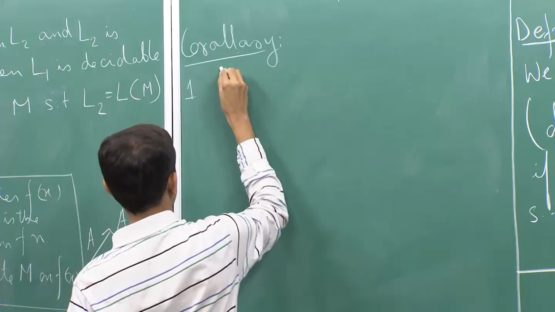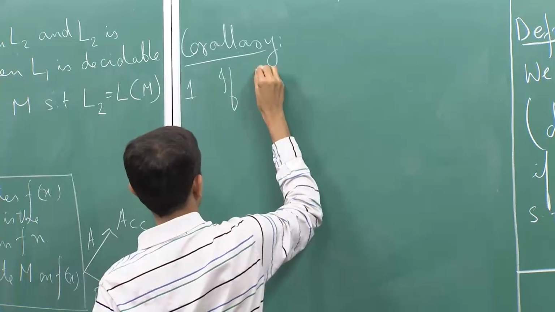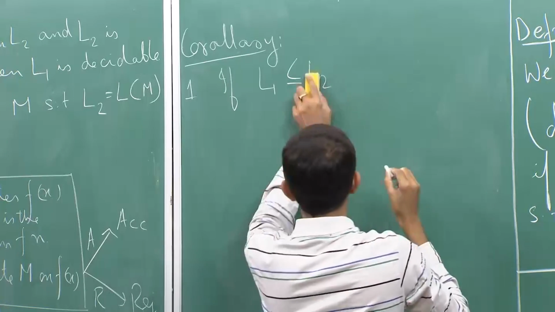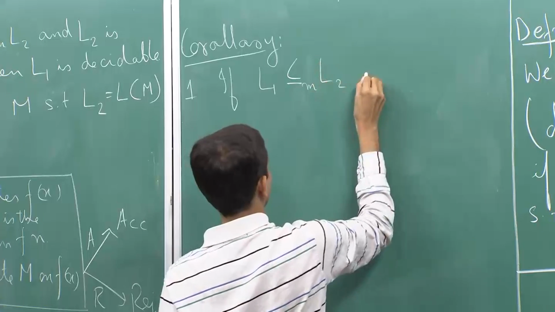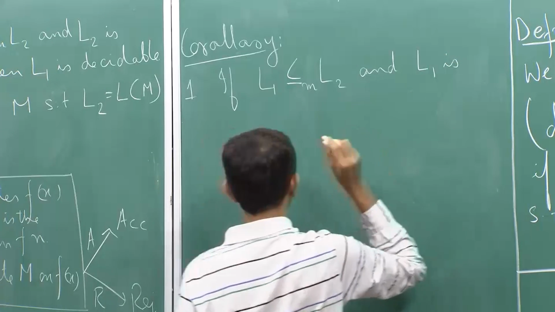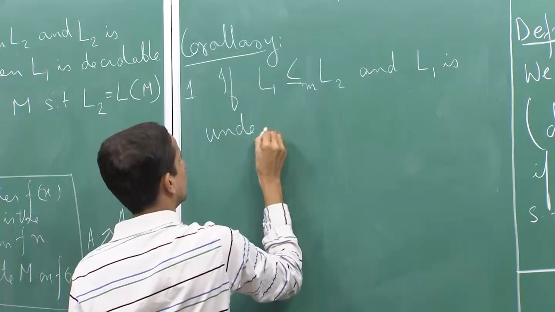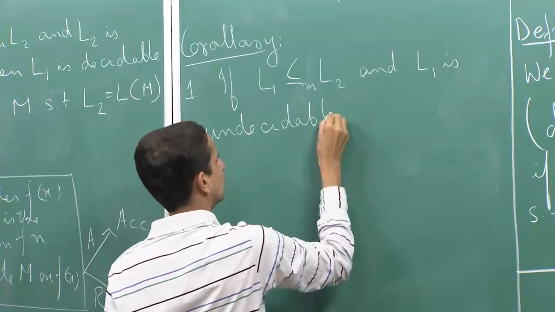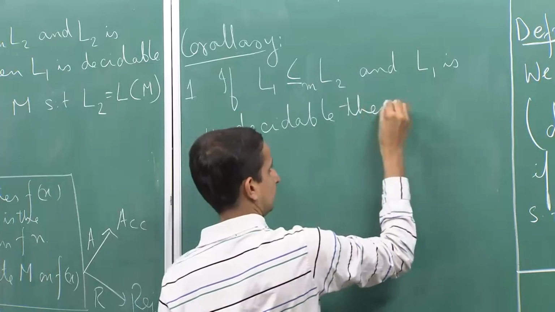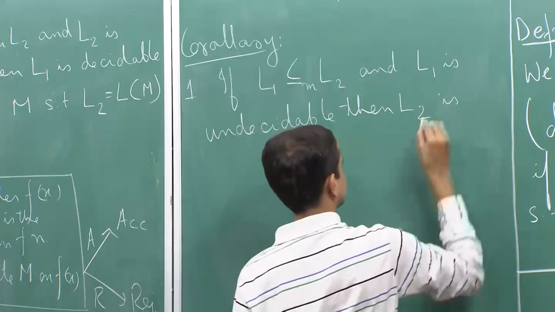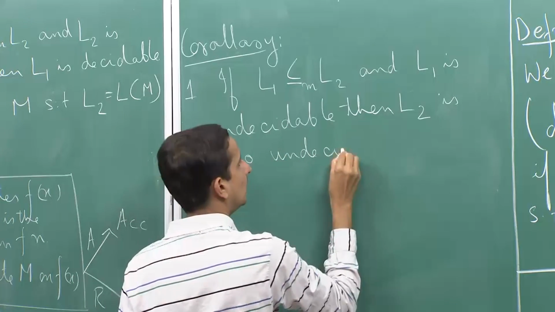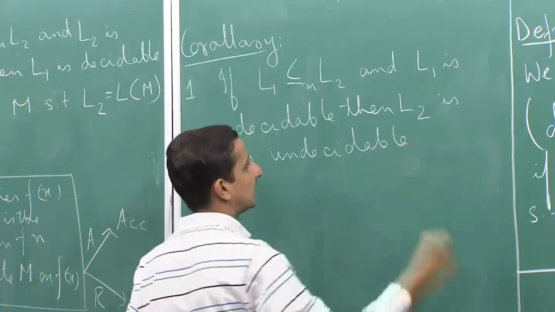First, if L1 reduces to L2 and L1 is undecidable, then L2 is also undecidable.